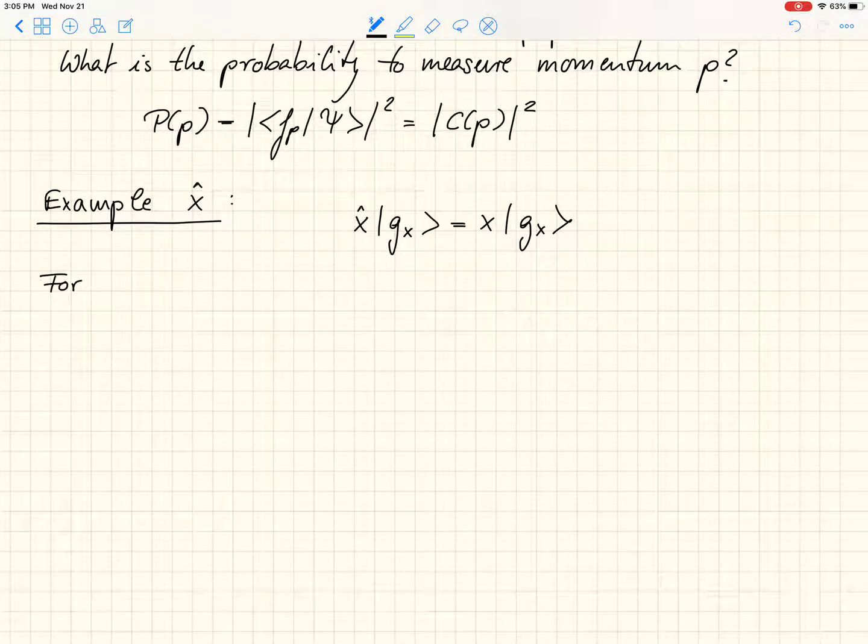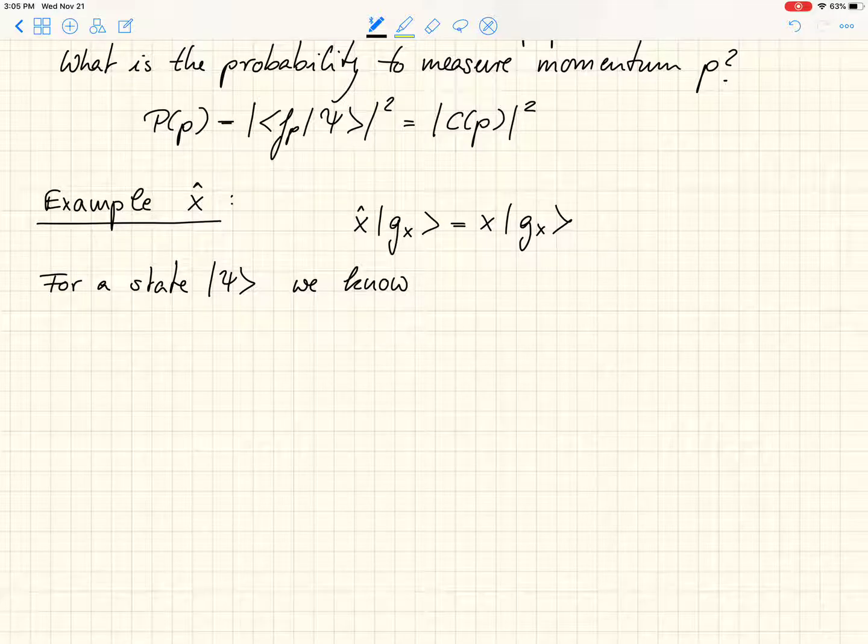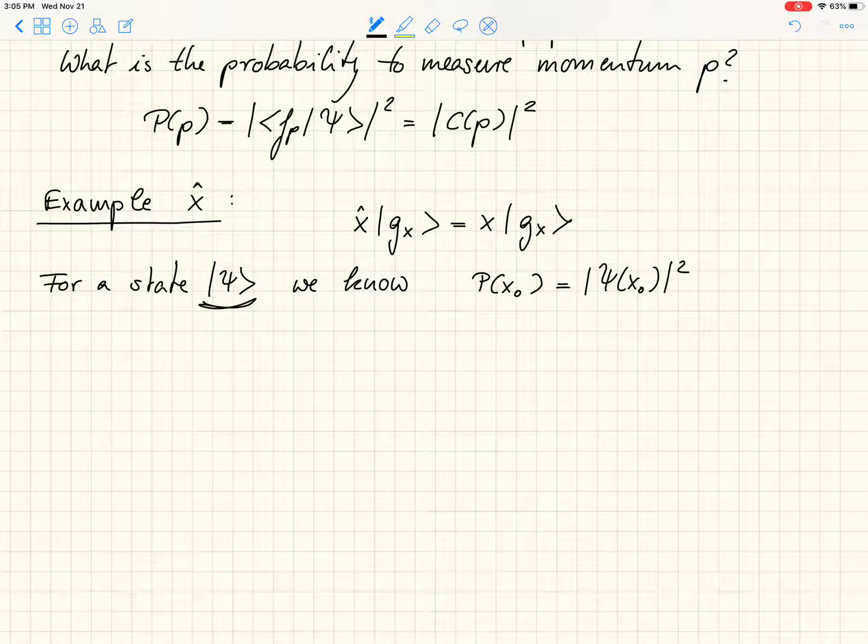For a state psi, we know that the probability density to find a particle at a given position x0 is given in terms of the absolute value of the wave function squared that corresponds to this quantum state psi.